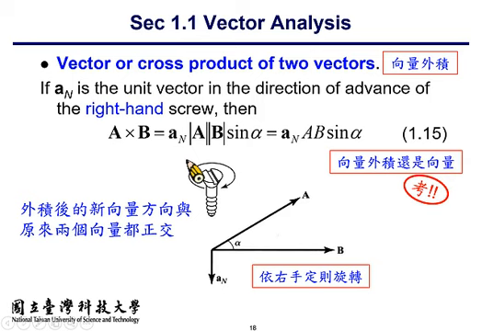If the two vectors align in the same direction, then the cross product is nearly zero. If the two vectors are perpendicular to each other, then sine alpha becomes 1, so you get the maximum value of the cross product. Alright?